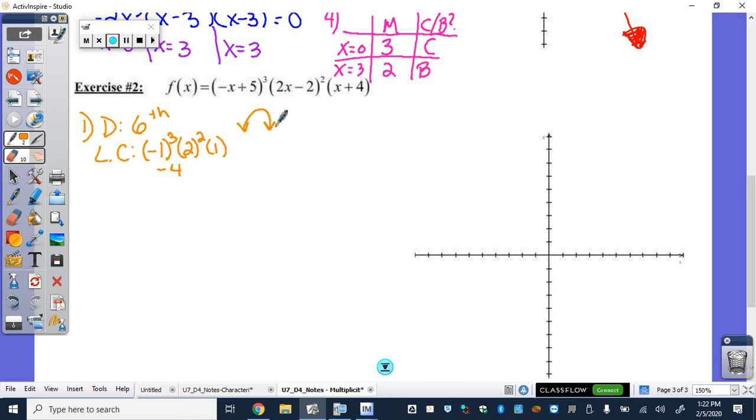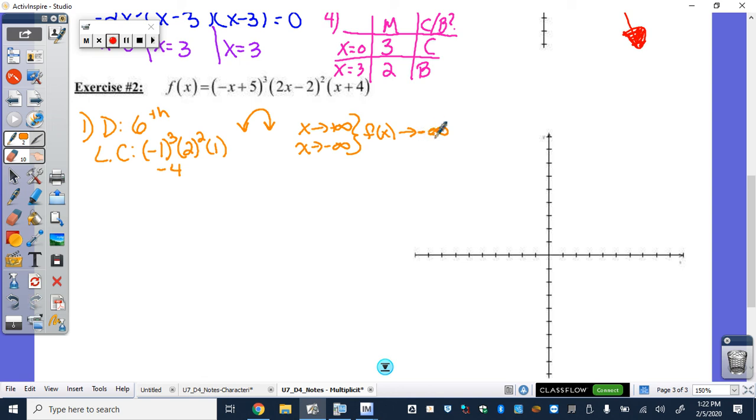Even degree with a negative leading coefficient. Remember, both those sides are going to be pointing down. So again, let's practice our notation. I want positive, I want negative.